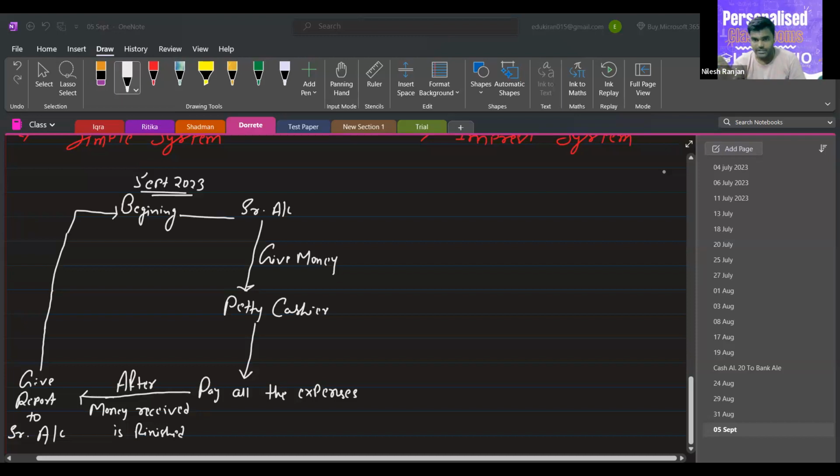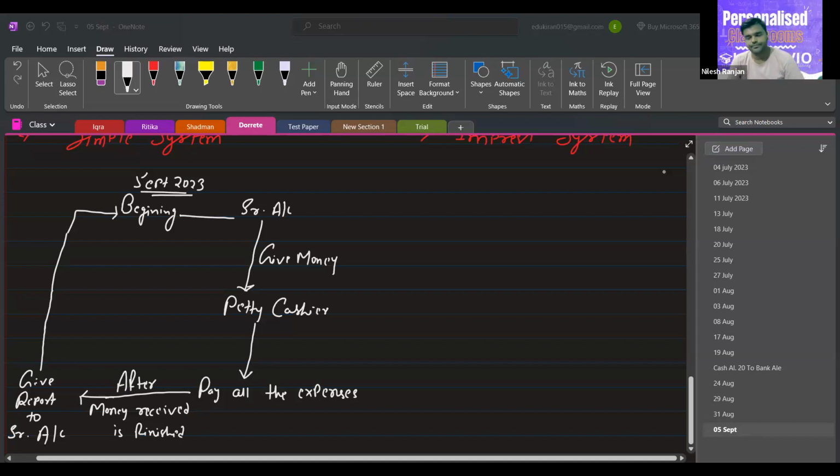Then he will go again to the senior accountant and give his report. The senior accountant will see all the expenses done by him, match how much money he paid to the petty cashier and how much expense was done. If everything is fine, then again the senior accountant will give some money to the petty cashier. And this circle will repeat every month.